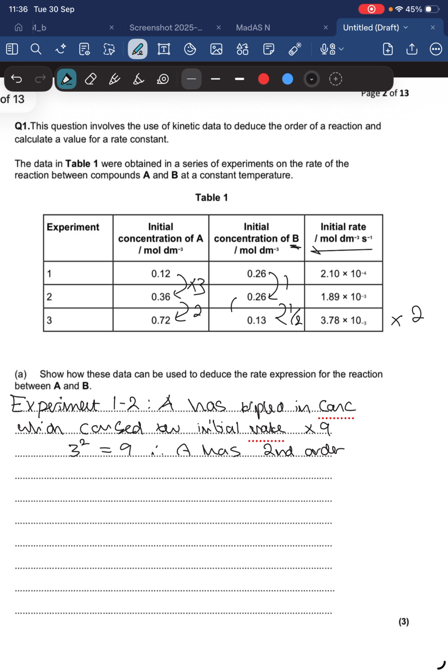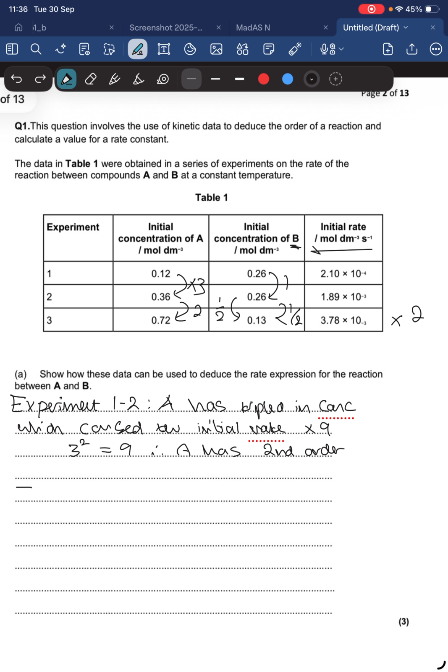This has halved, right? And this has doubled. So technically this should be 2 squared, if it was second order. But it's not 2 squared. It's only 2. So this shows that B has an effect. It's not second order, because it hasn't really made that big a change over here. And it's not 0 order. So B must be first order.